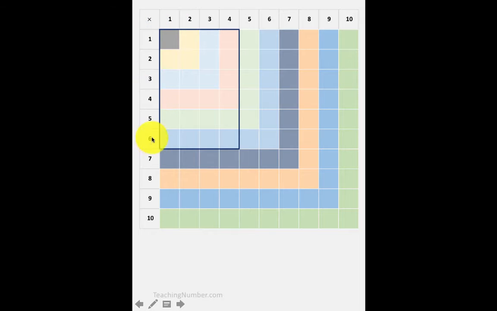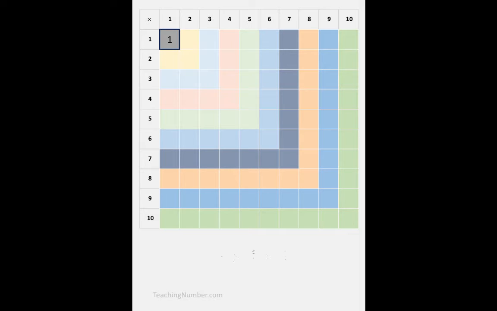Now the width is 6 and the length is 4. We could count by 4, but in this case it is more efficient to use the commutative property and count by 6s again. 6, 12, 18, 24. The area of a 6 by 4 rectangle is also 24 square units.